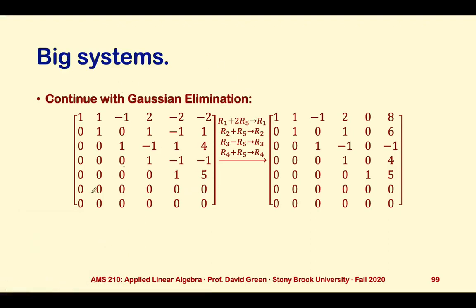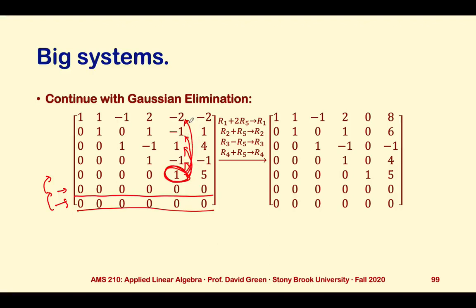With Gaussian elimination, we start with the bottom row, but we see it's all zeros, so we move up a row to the next. The next one is also all zeros. We move up a row, look across, and find the first non-zero entry. This is the pivot that we want to use, and we want to use this to eliminate everything above.